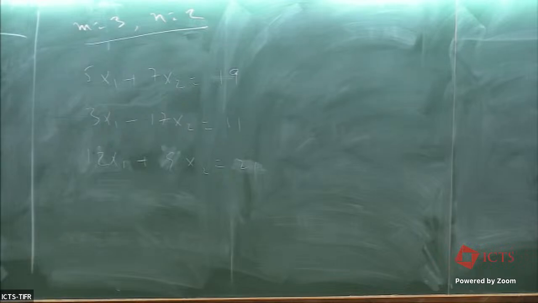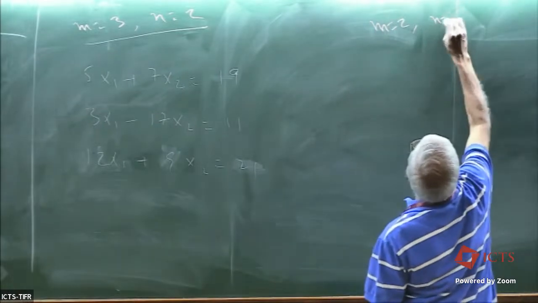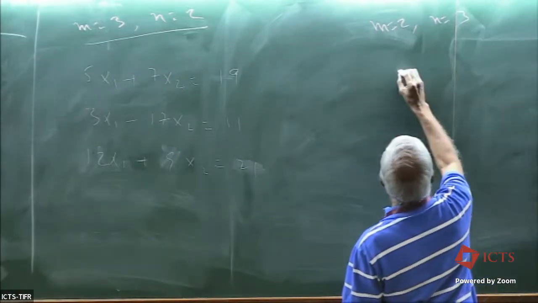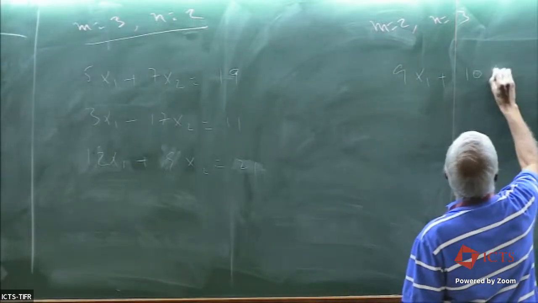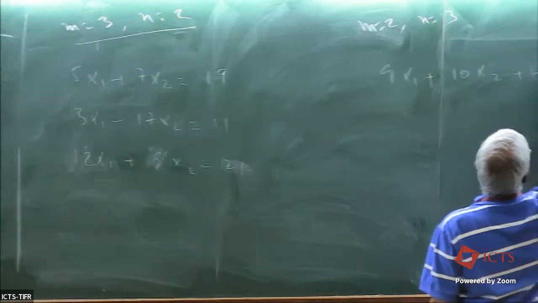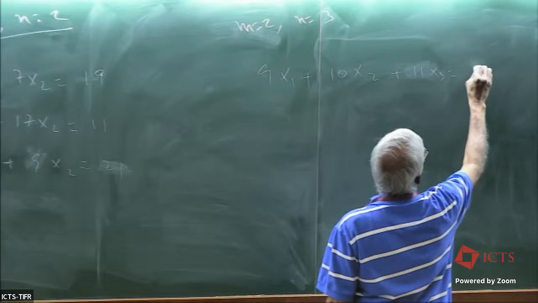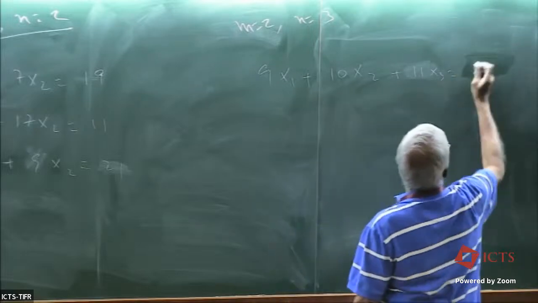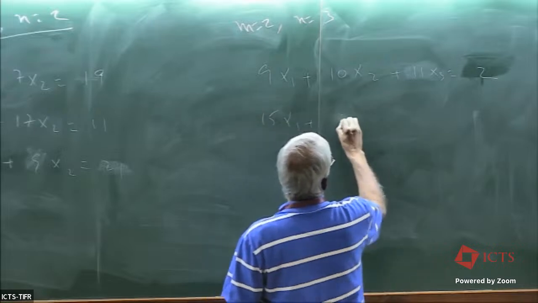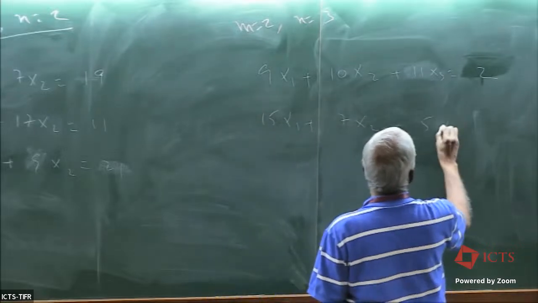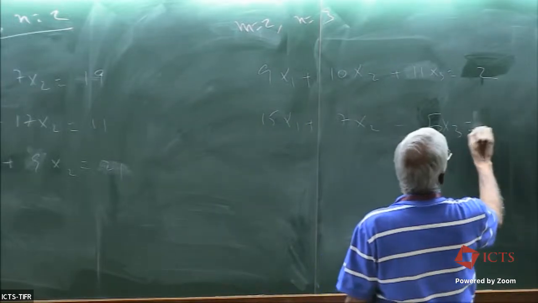As opposed to, so what is this? 9x1 plus 10x2 plus 11x3 is equal to 9.2, 15x1 plus 7x2 minus 5x3 is equal to 7.